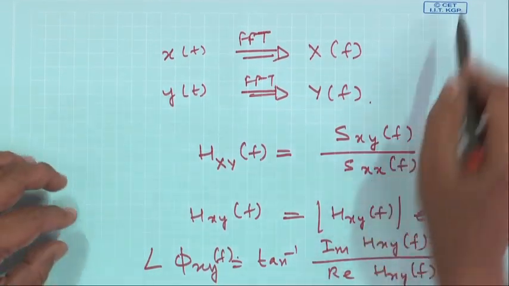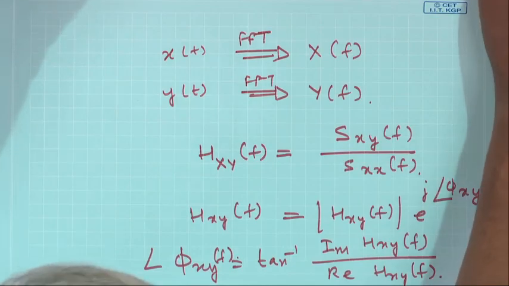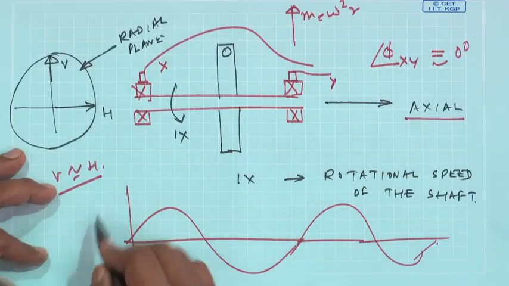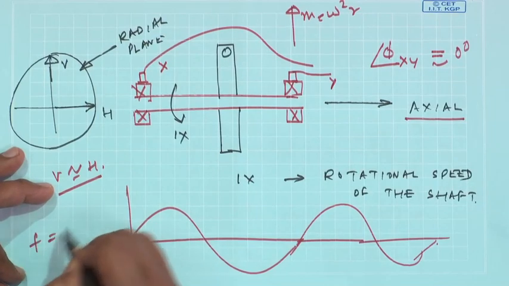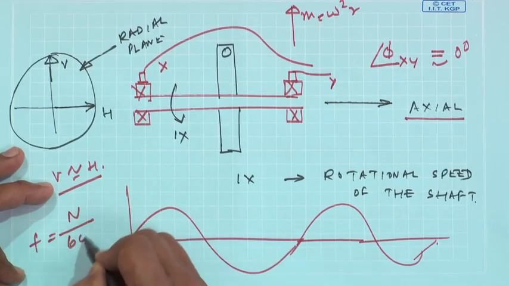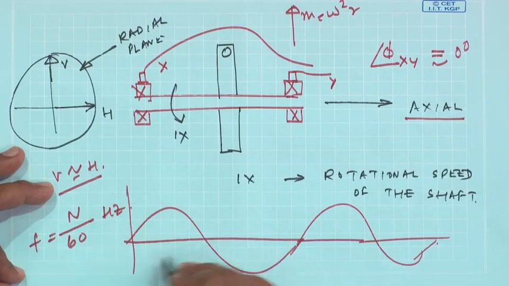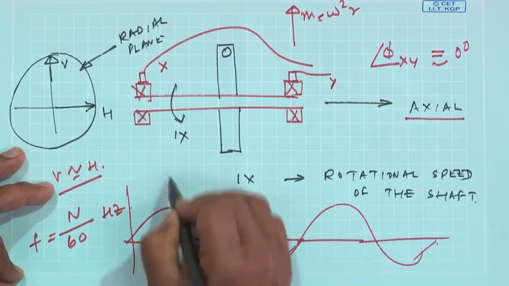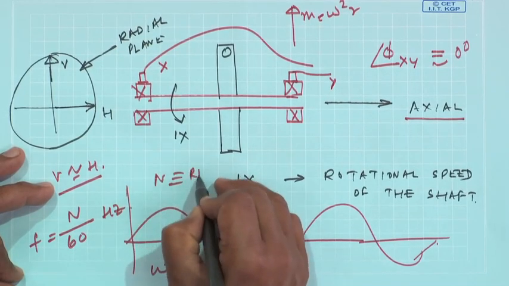And particularly, because this is rotating at a particular frequency, the forcing frequency is nothing but N by 60 hertz. And how is the relation to omega? Omega is nothing but 2 pi f, where N is in RPM.